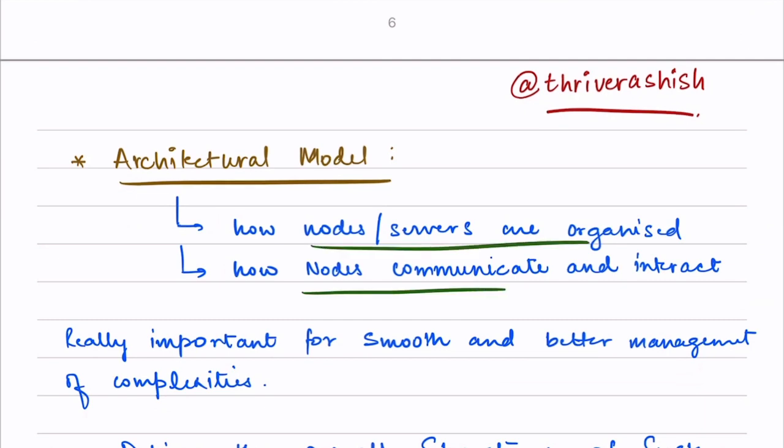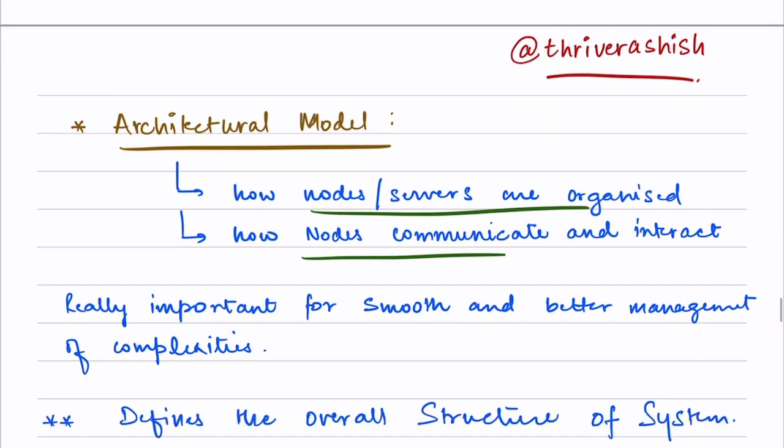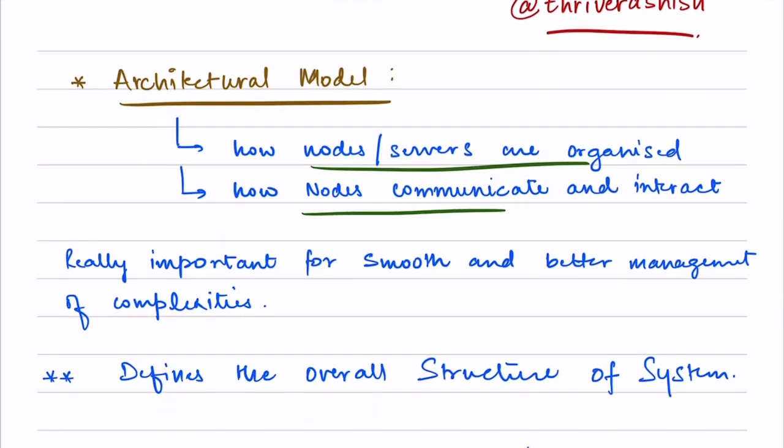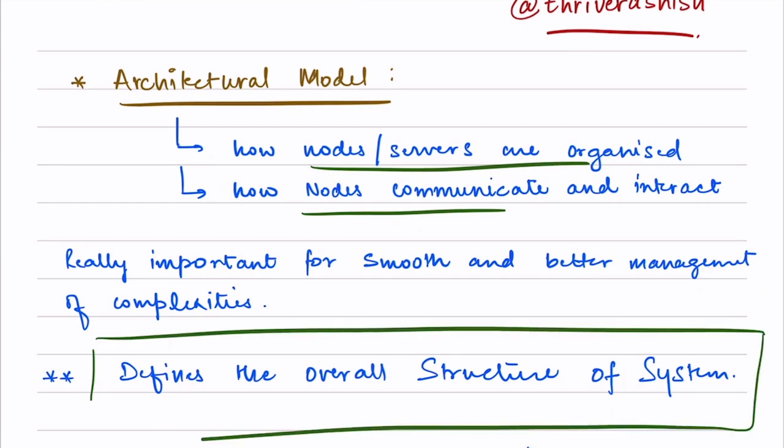So this is like creating a design for that. And architectural modeling is very important, because you cannot achieve smooth management of complexities without having a design ready.